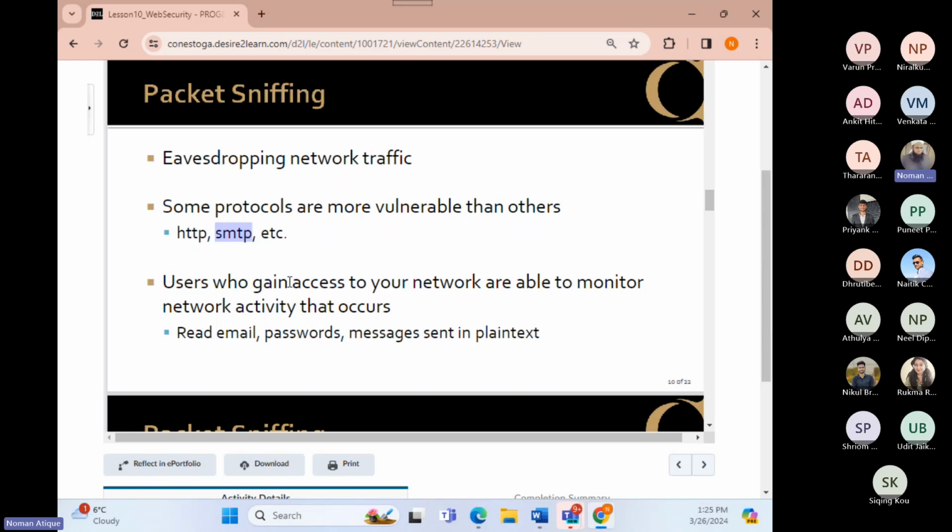You might know that there are certain very easy plugins, and I remember one of them is for Firefox. I don't remember the name of the plugin. If you have that plugin and you are connected to any Wi-Fi, just by using that plugin you can sniff out a lot of information from that Wi-Fi network.